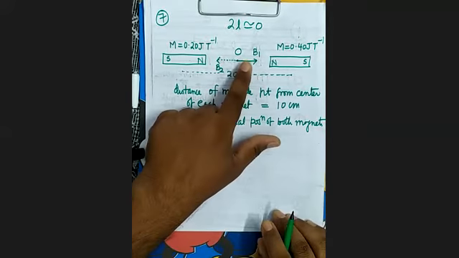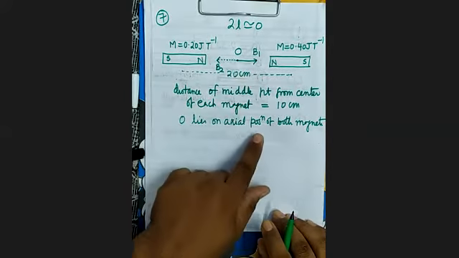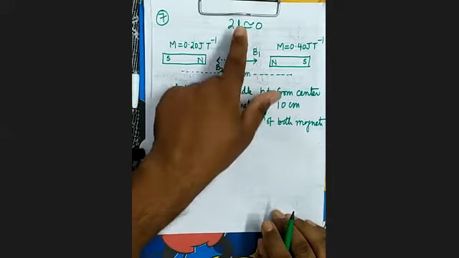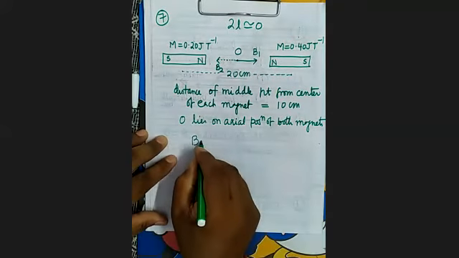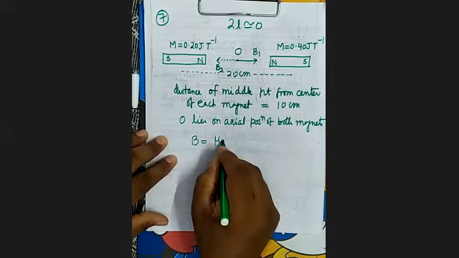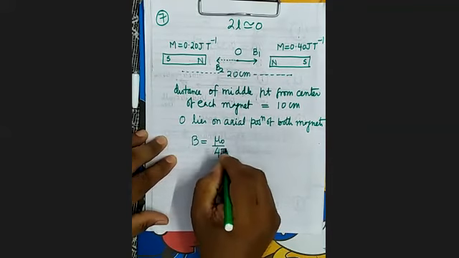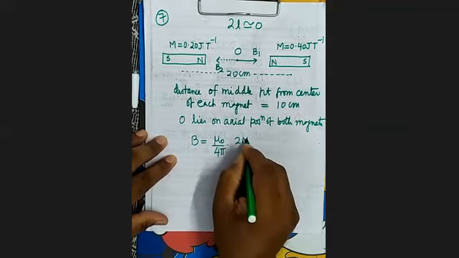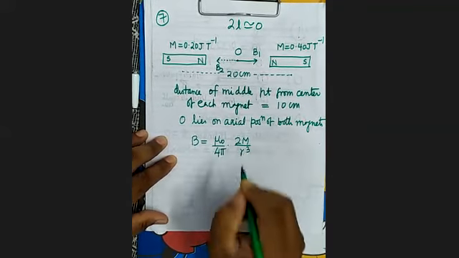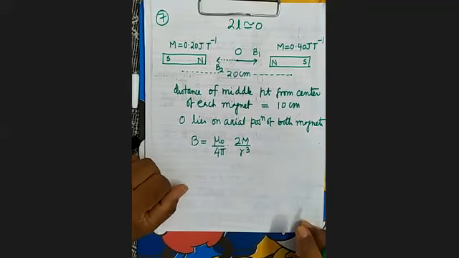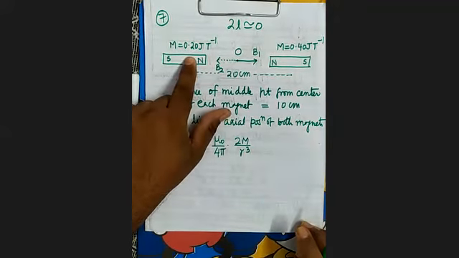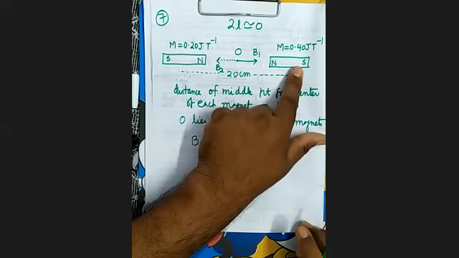So what is the formula of B on axial position because of a short dipole? That you know: B equals mu naught upon 4 pi into 2m upon r cube. Now it is quite simple. Here magnetic moment is 0.2, here it is 0.4.